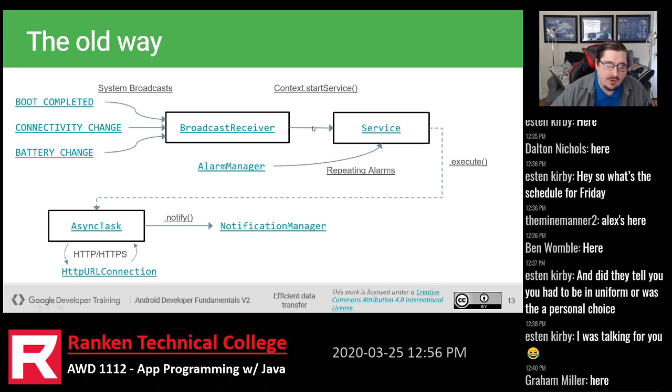And then when the broadcast receiver gets something, especially the boot completed broadcast, we'd say, let's start the service. Let's start a service that's going to run in the background and monitor the internet for new posts, new stores, new blog articles, new Facebook posts, whatever it may be.